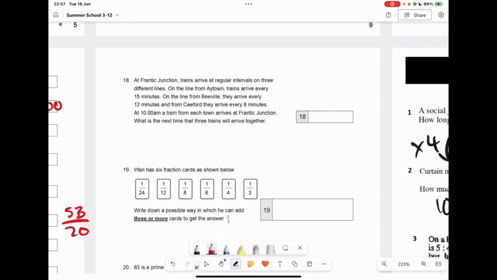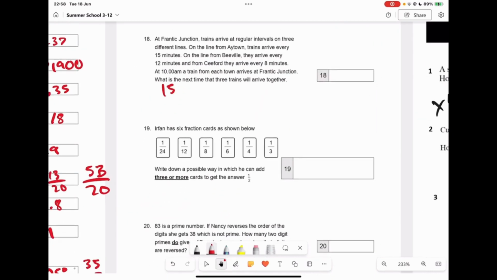So now we're looking for the lowest common multiple between 3 numbers, 12, 15, and 8. Okay, so considering that it's 15, they'll all end in 5 or 0. So we'll go 15, 30, 45. And now we can note which of these fall into a multiple of 8.